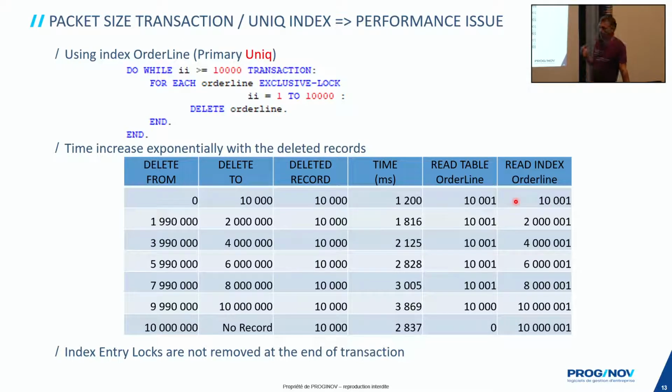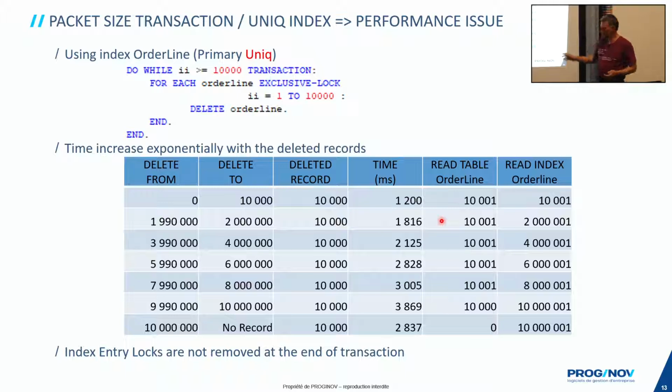Several loops later, when I try to delete at 2 million records, I still delete 10,000 records. It will take 1.8 sec. It reads always 10,000 records, but the index is at 2 million.